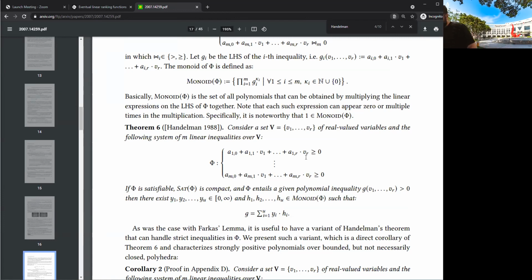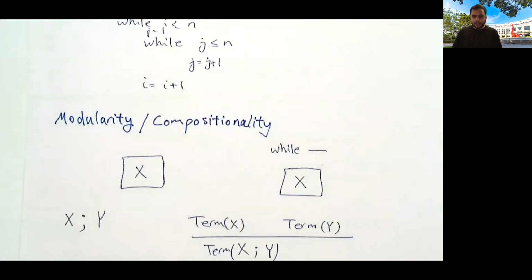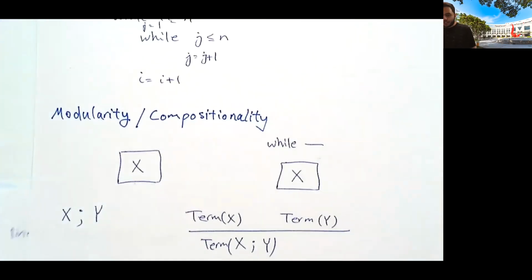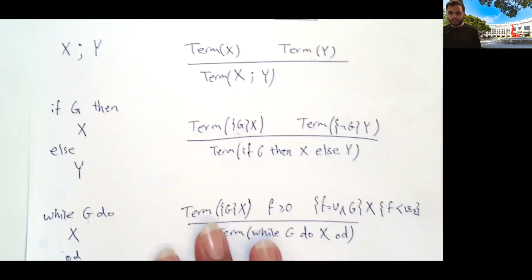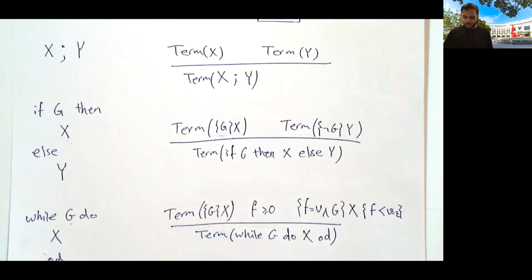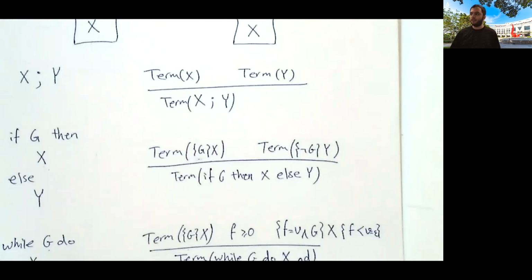But eventually, what happens is that in practice, most of the time we just use the linear ranking functions or linear eventual or lexicographic ranking functions, and then just use these rules of compositionality to prove termination for general programs.